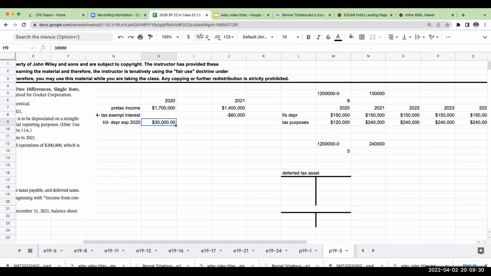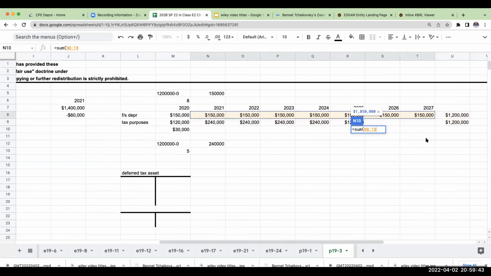So over here, I've got 30,000, right? Basically my difference between book and tax. Now, if I take a look at this, the remaining depreciation I'm going to be taking for my books is going to be $1,050,000, right?